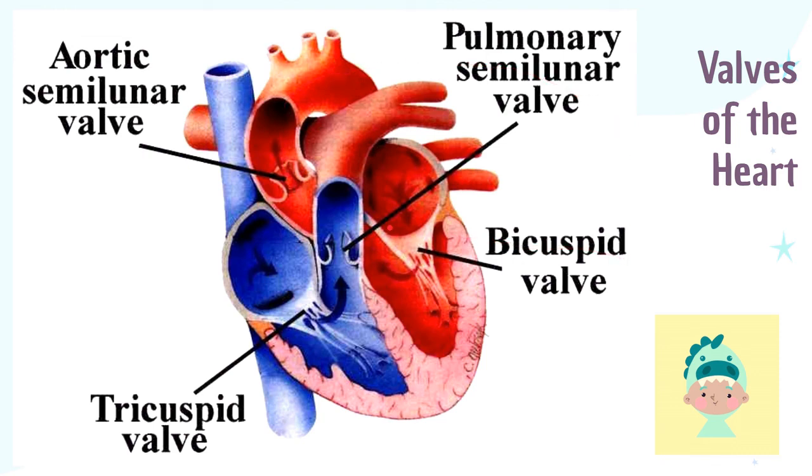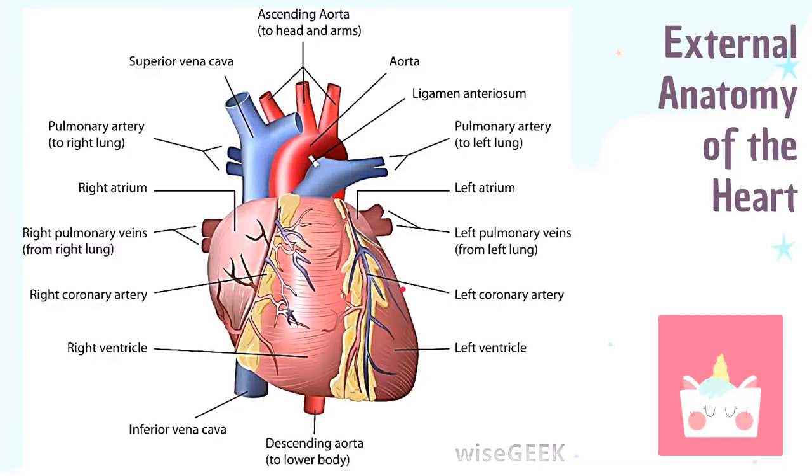So what's the purpose of valves? Valves are important because they prevent the backflow of blood. Blood can only go through one way. Once it has passed through a certain part of the circulatory system, it's not supposed to go back. To prevent that backflow, valves are in place. So let's look at this animation again.